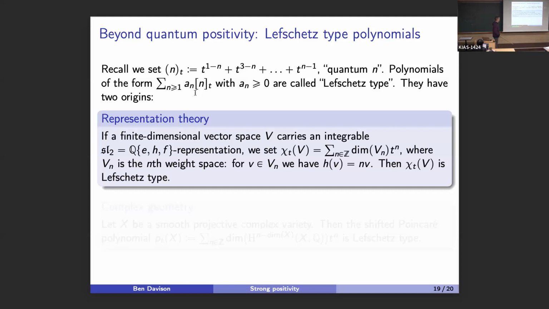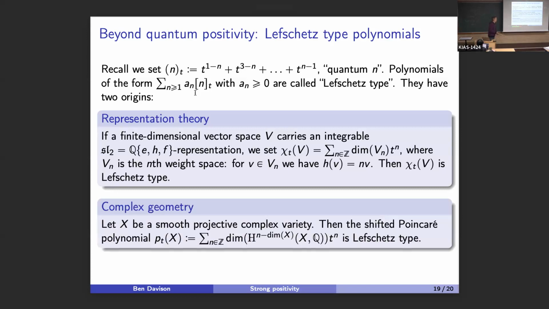So it follows that this polynomial must be a positive sum of quantum numbers. Therefore, if a polynomial arises this way, it's of Lefschetz type. That doesn't really explain the name.